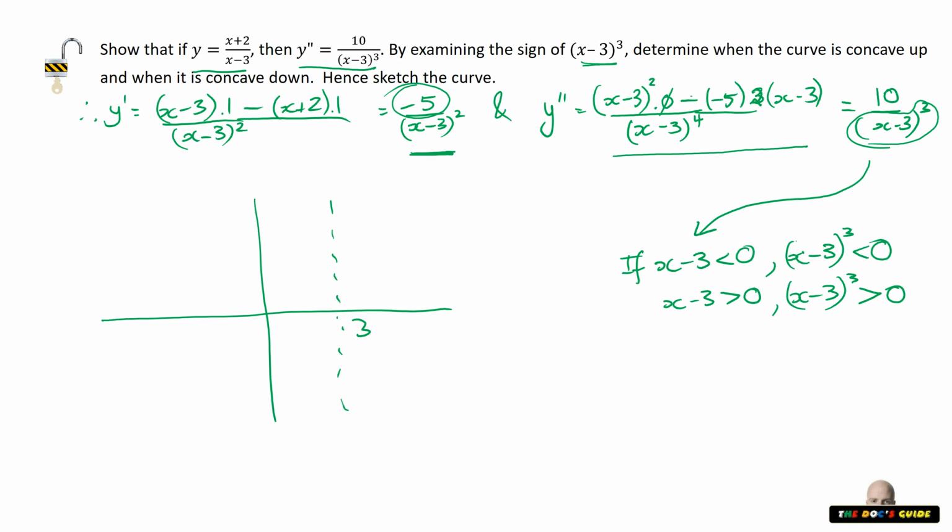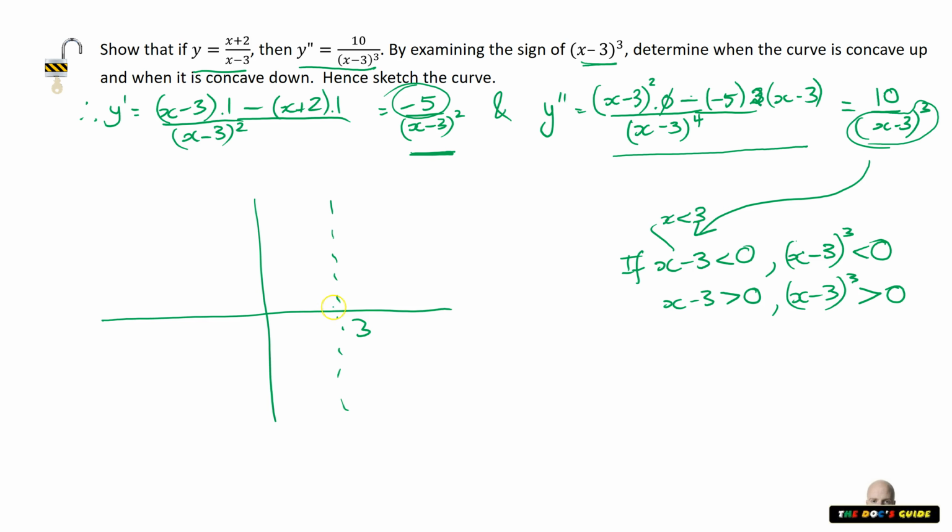So if we look at our second differential and notice what happens with the bottom. So we know that if that number on the bottom, x minus 3, is a negative, when you cube a negative, you'll still have a negative. So that means that if x minus 3 is less than 0, therefore that means that if x is less than 3.